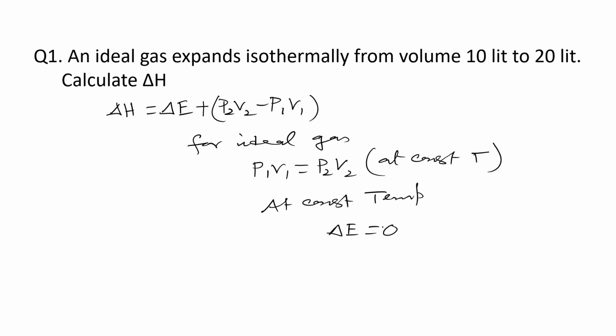If temperature remains constant, there is no change in internal energy. So finally we can write delta H is equal to delta E, that is 0, plus P2 V2 minus P1 V1, which is equal to 0. So 0 plus 0 is equal to 0. That is, there is no change in the enthalpy.